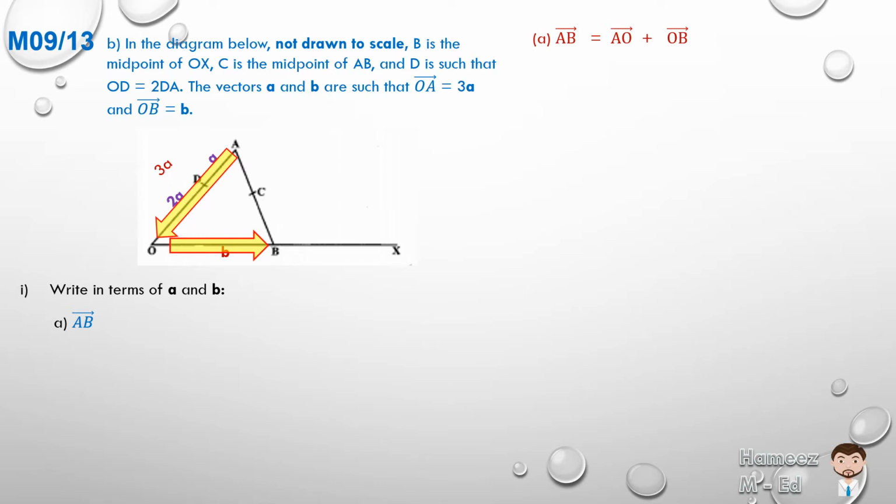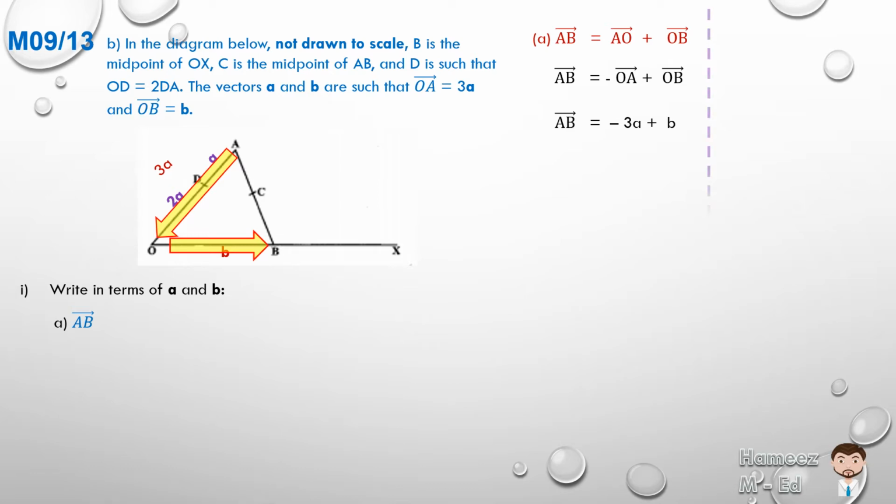So AB is equal to minus OA plus OB. Remember, if we're going from O to A, that is 3a. That's heading to the top right. We're actually going in the opposite direction, so it'll be minus 3a. So from A to O, it's minus 3a plus b. And that gives us AB.